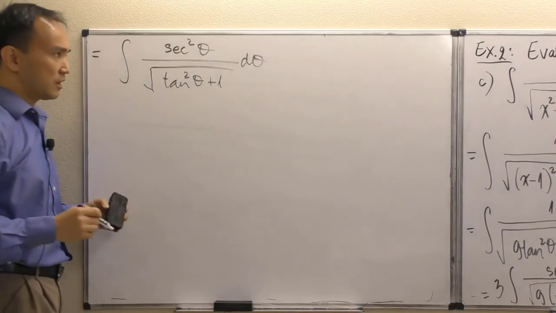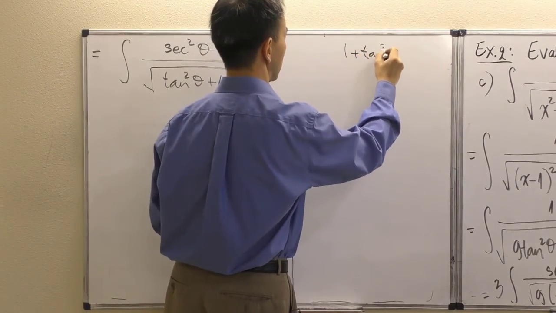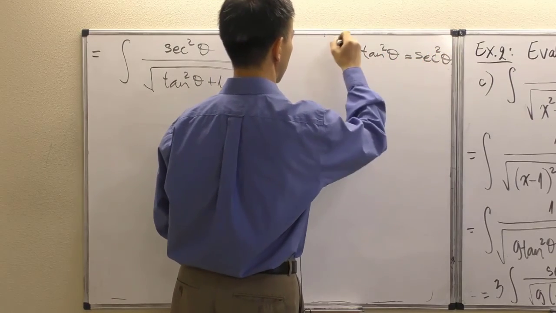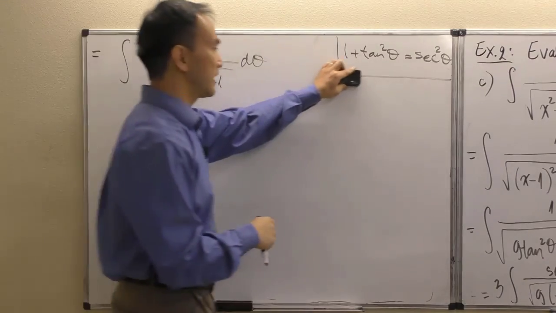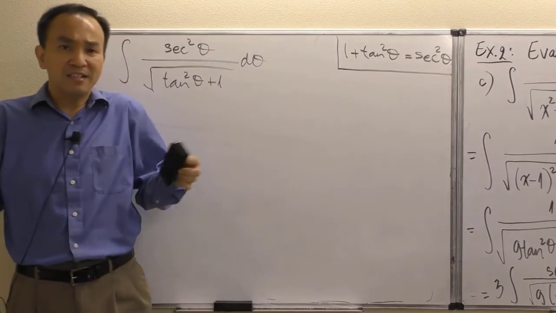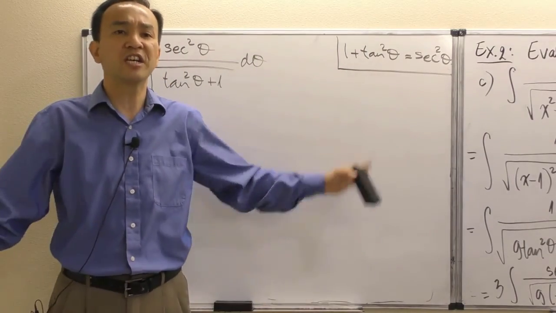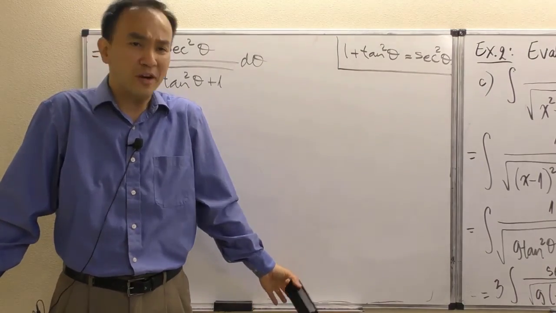Now just that same reminder, 1 plus tangent squared of theta is famously known to equal secant squared of theta. Nail down that trig identity. Back in those days when you were learning about trig and were first introduced to these, it seemed hopeless to try to memorize these things.